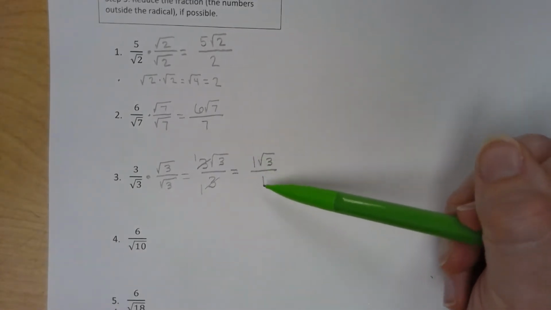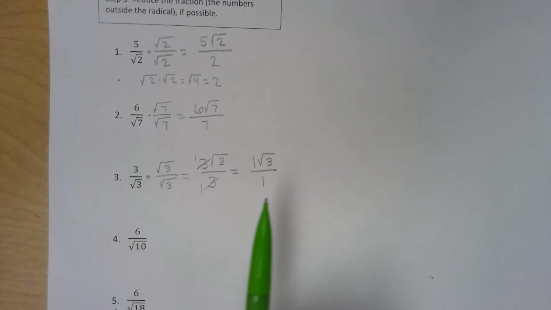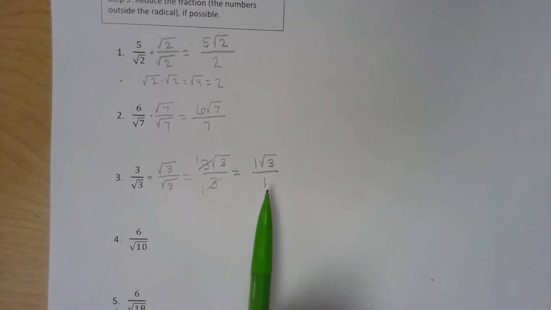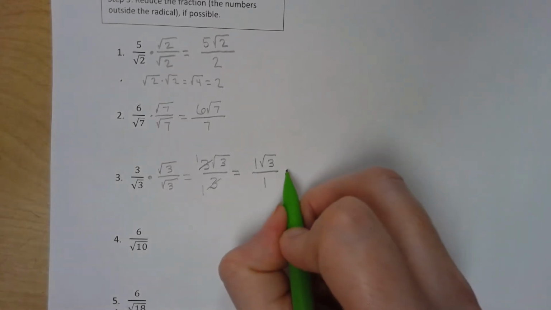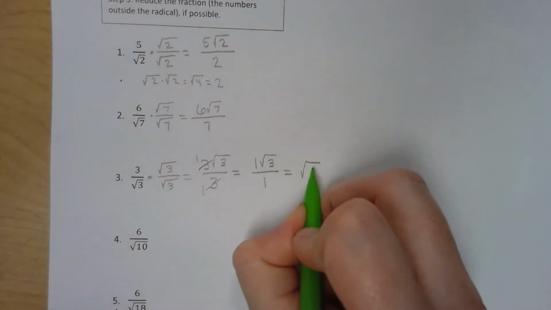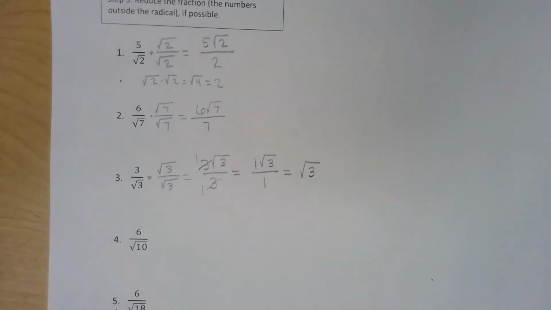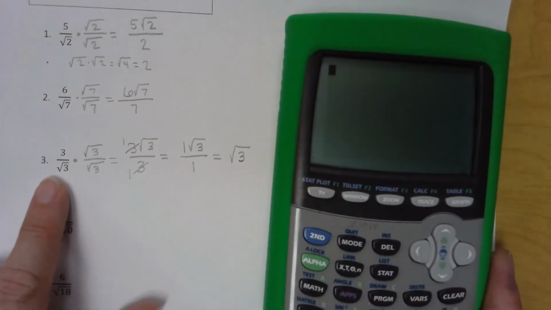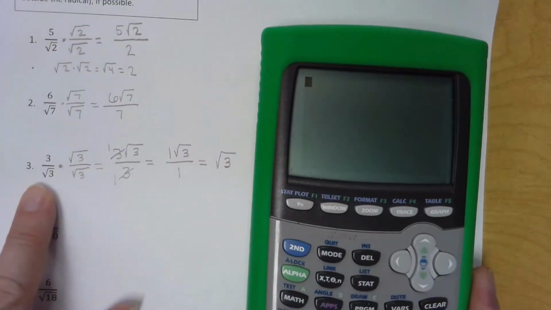It would not be necessary to write either one of these ones. The one in the numerator would be considered a coefficient of 1, and of course the denominator of 1 is not required either. So our simplest form would just be the square root of 3. Again, we could check our answer in the calculator to see that they're equivalent. This is a great way to check your work.